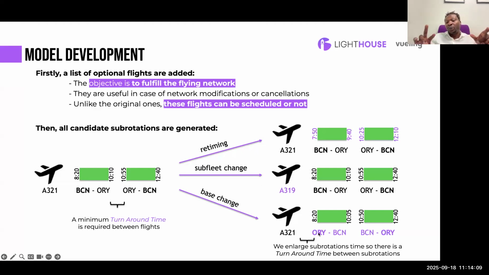We can flip the base airport: in the original scenario we had Barcelona as the base, and here we have Orly. The minimum turnaround time required between flights is also maintained.